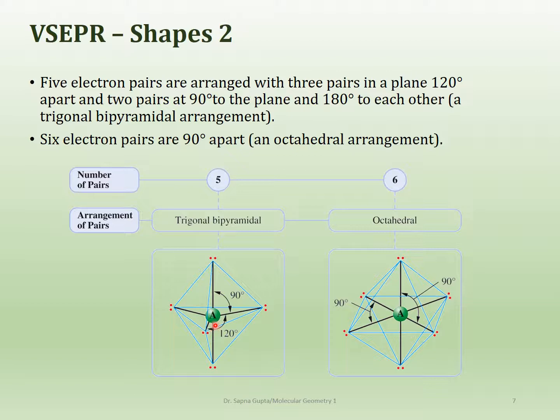Now here the bond angles are a little bit different, because you have these two lines or two electron pairs that are going totally opposite each other, and so that is 180 degrees. Then you have these three electron pairs that are in one plane, and this plane is separated by 120 degrees.